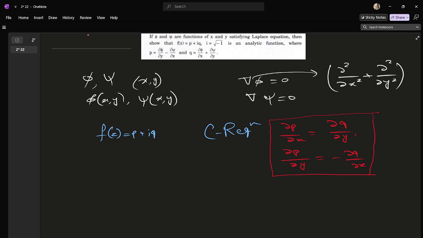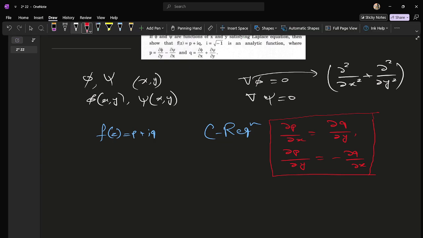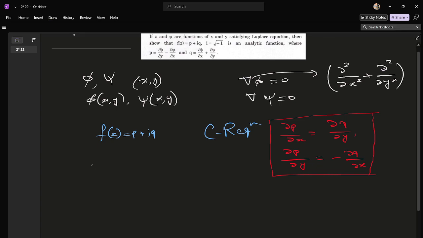Now we are going to substitute the given values. So our p is del phi by del y minus del psi by del x, and our q is del phi by del x plus del psi by del y.